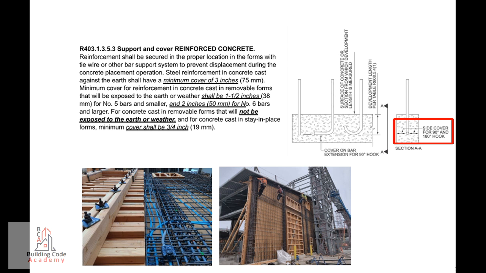Minimum cover for reinforcement in concrete cast in removable forms that will be exposed to the earth or weather shall be 1.5 inches, 38 millimeters, for number 5 bars and smaller, and 2 inches, 50 millimeters, for number 6 bars and larger. For concrete cast in removable forms that will not be exposed to the earth or weather, and for concrete cast in stay-in-place forms, minimum cover shall be 3/4 inch, 19 millimeters.